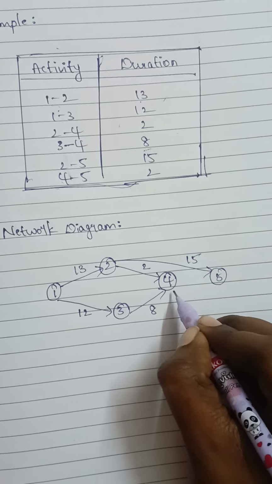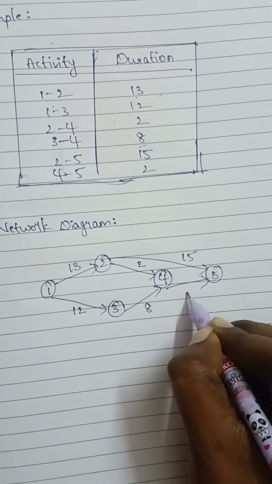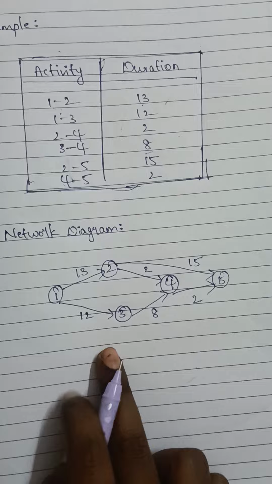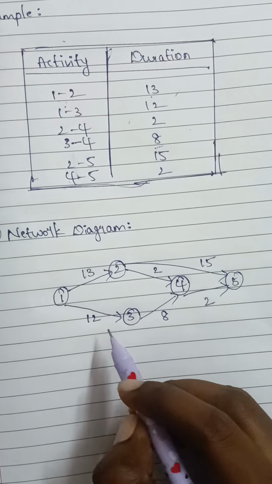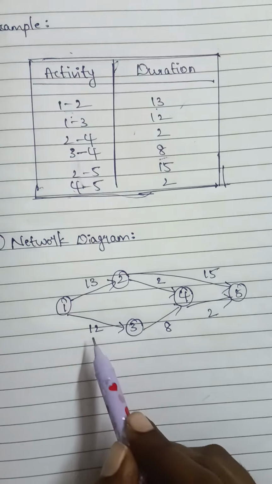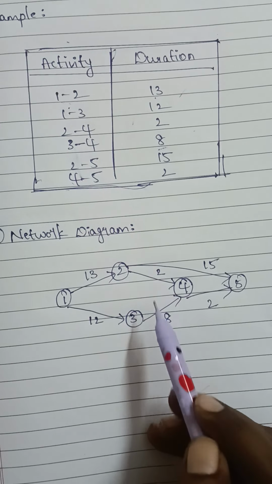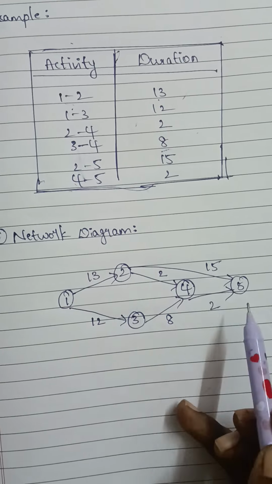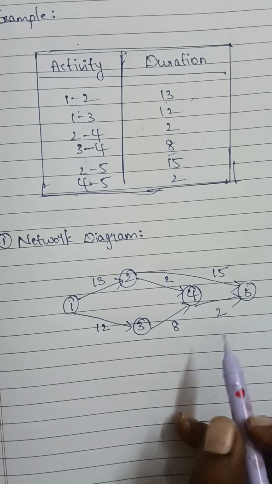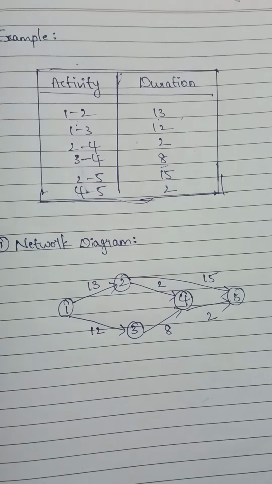Next we have 4 to 5, that is 2. So this is how we should draw the network diagram. 1 to 2 the duration is 13, 1 to 3 the duration is 12, 2 to 4 the duration is 2, 3 to 4 is 8, 2 to 5 is 15, 4 to 5 is 2.